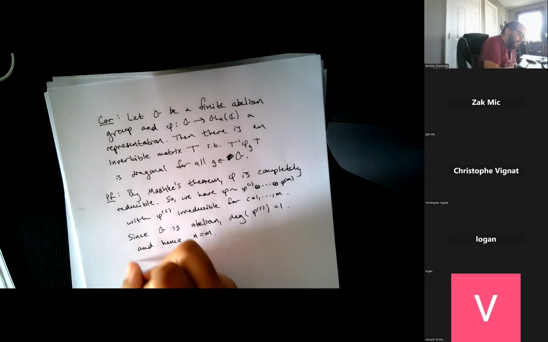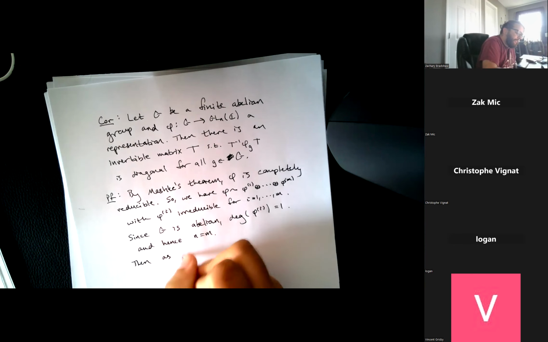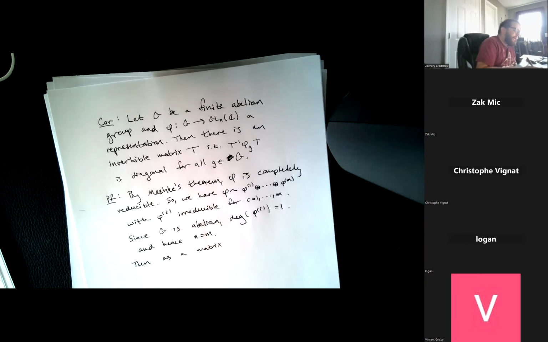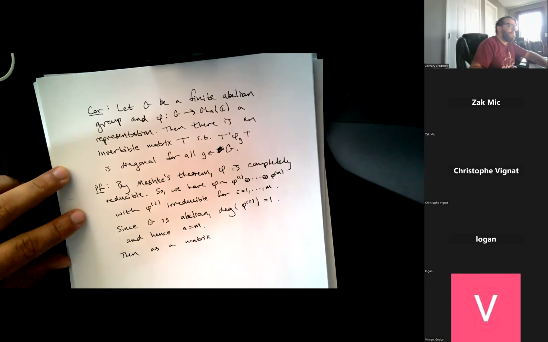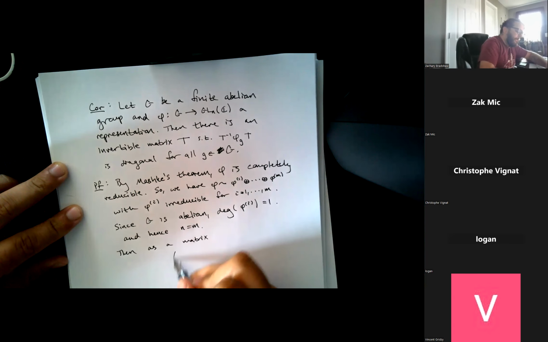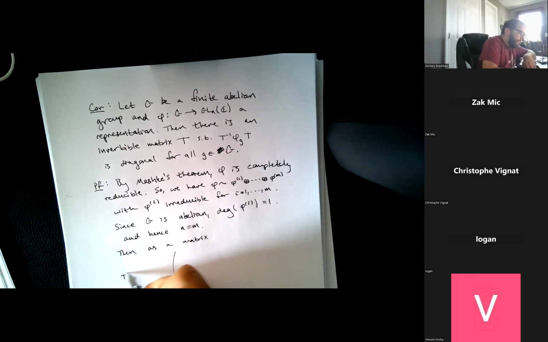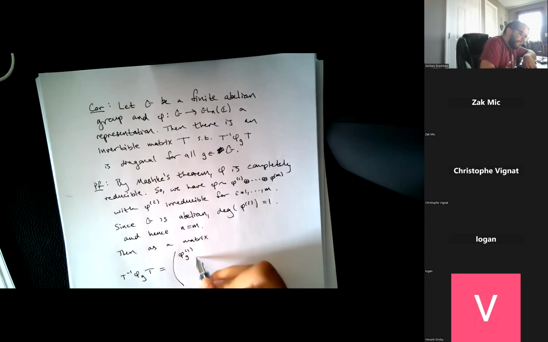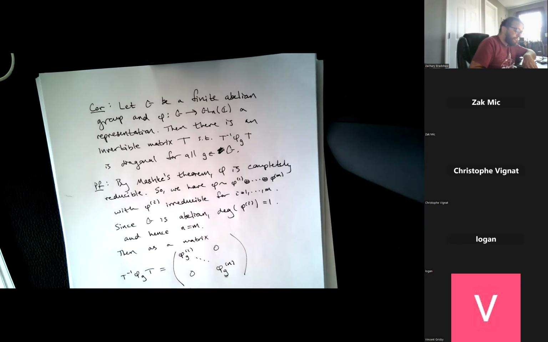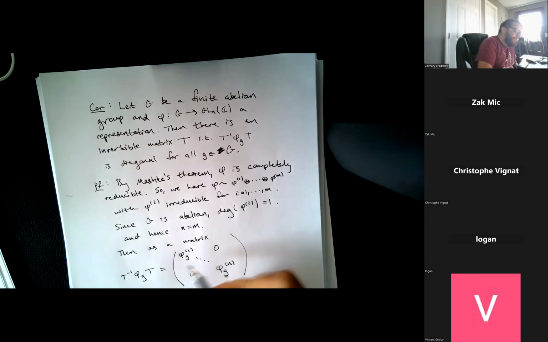Then as a matrix, the matrix representation of T inverse phi G T is just phi G 1 through phi G n on the diagonal with zeros elsewhere. Since these are all degree 1, they're really just scalars, elements of C star, and so this thing is diagonal.